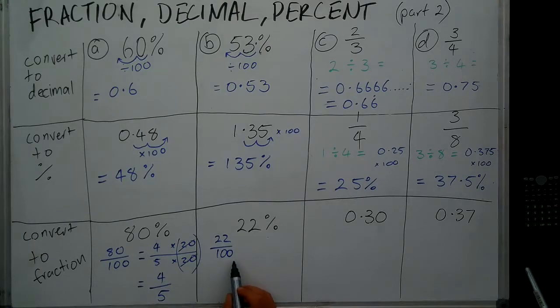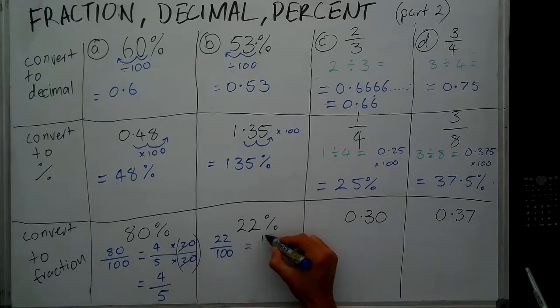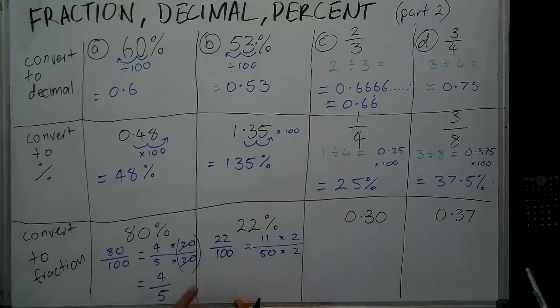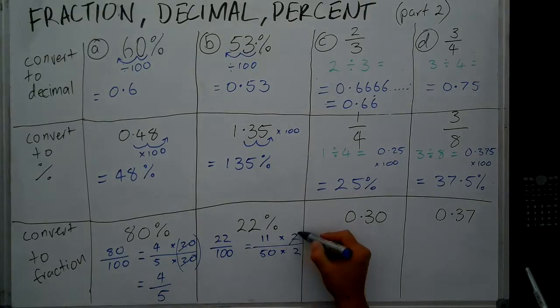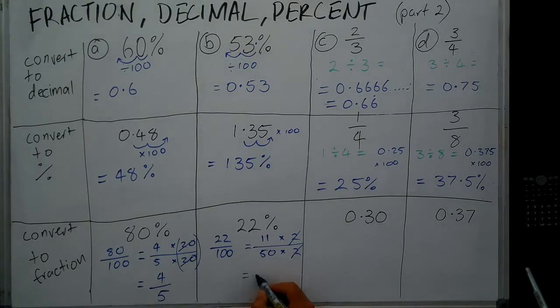And I can write 100 as 50 times 2. This is 11 times 2, 50 times 2, so that's, multiply those out, we still get back to this, but like we had over here, those 2's cancel, and we end up with 11 50ths, just 11 over 50.